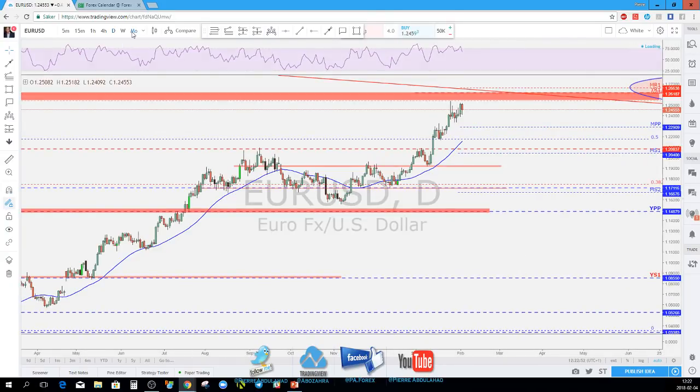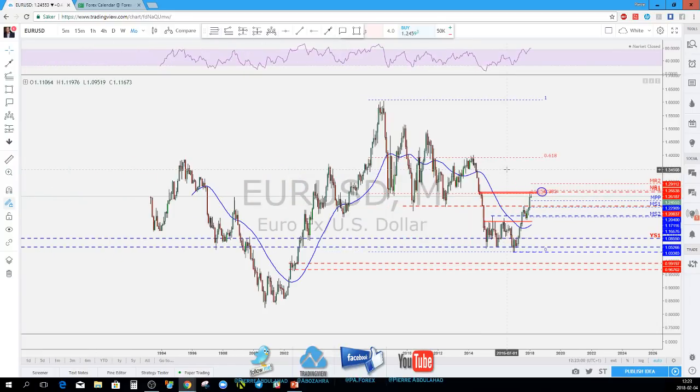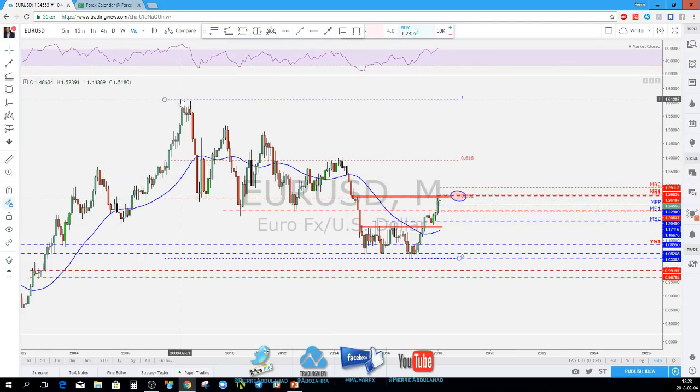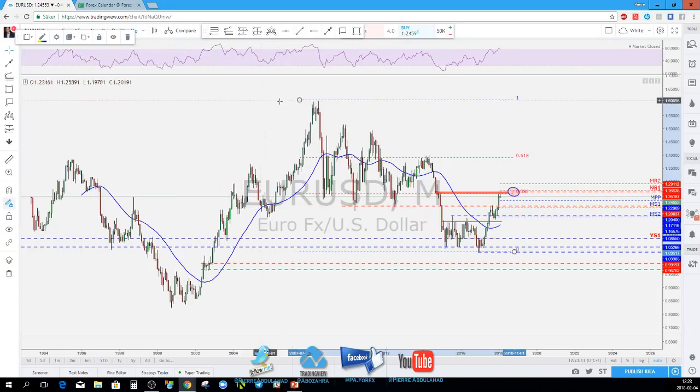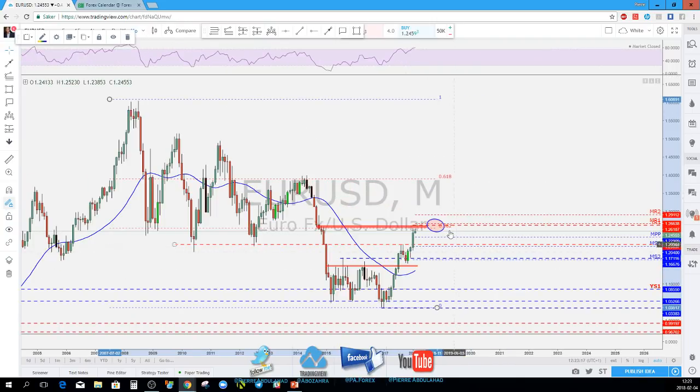EURUSD, the pair of the pairs. Let's go to the monthly here and look at what we have so far. As you see, if we measure this whole move from this last high, this all-time high I should say, back down to this low, we have the 38.2 Fibonacci retracement.